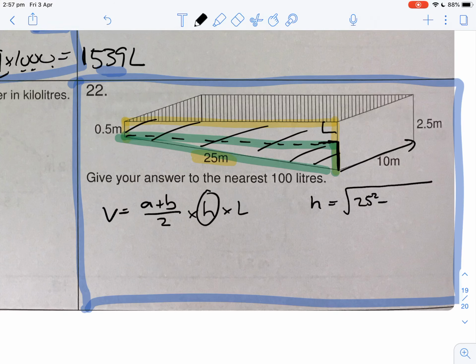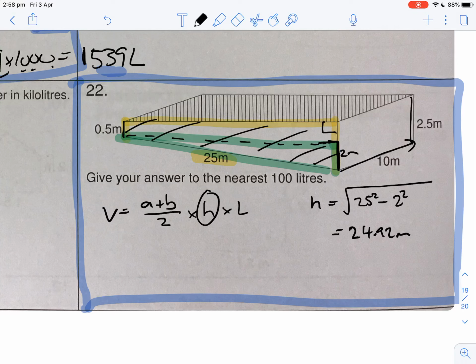To get that one, they've given me the 2.5 at this end, and they've told me that the other end is 0.5. So 2.5 take the 0.5 means that height there was 2 metres. So 25 squared, take the 2 squared, is going to give me the height here, the length, what we've called a height in our formula.